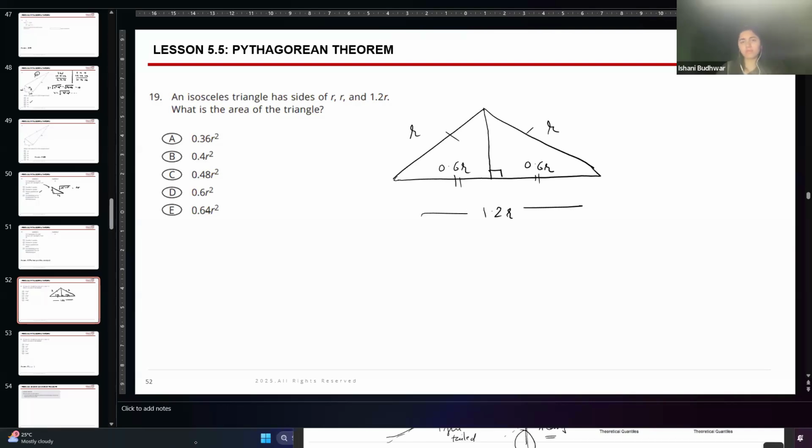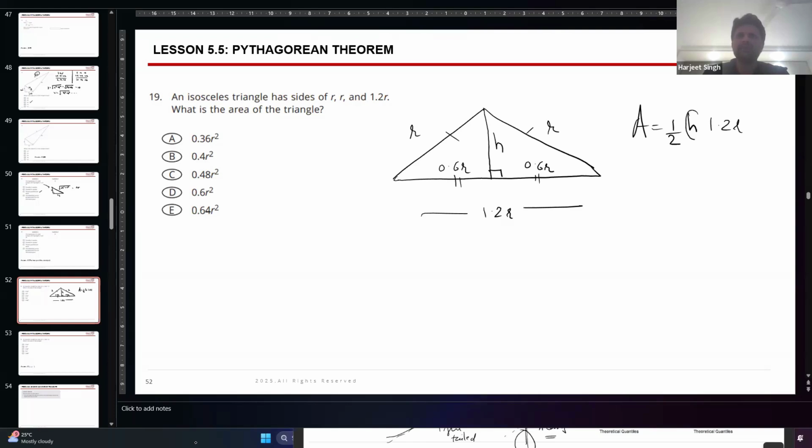So to find the area of the triangle, can I say area will be equal to half into h into base 1.2 R, which means we need to know h, the height. And since this is a right angle triangle, we can use Pythagoras. So can we say r square is equal to h square plus 0.6 r whole square.